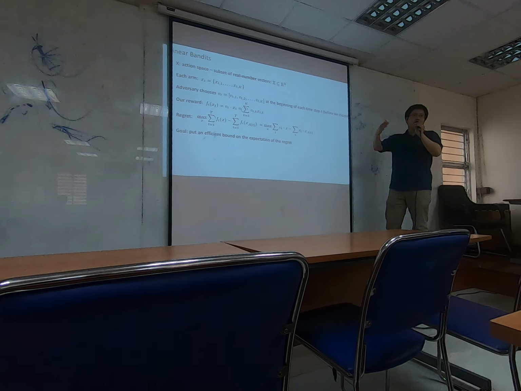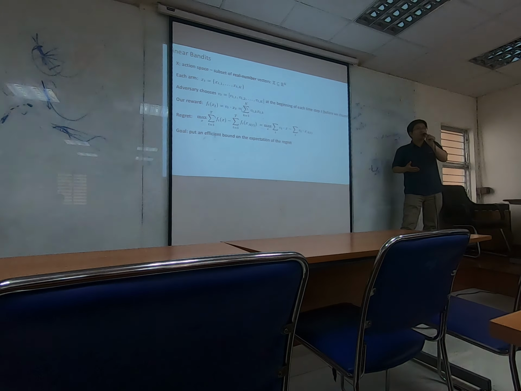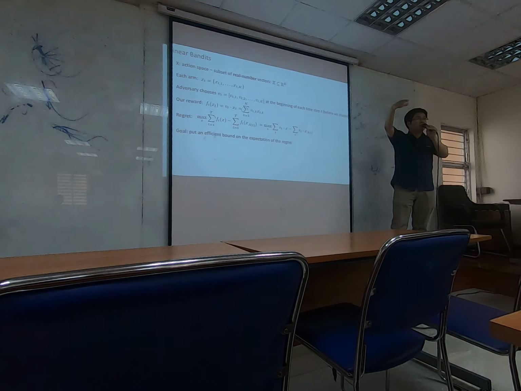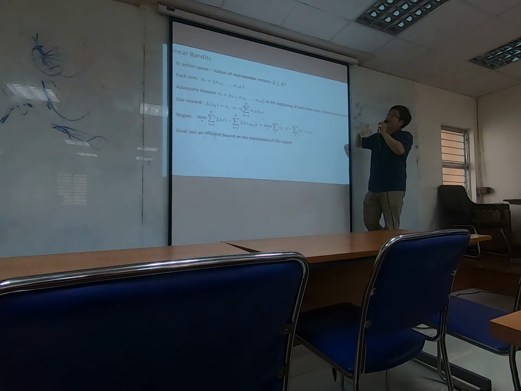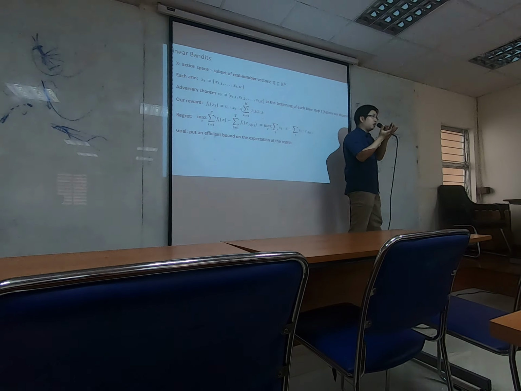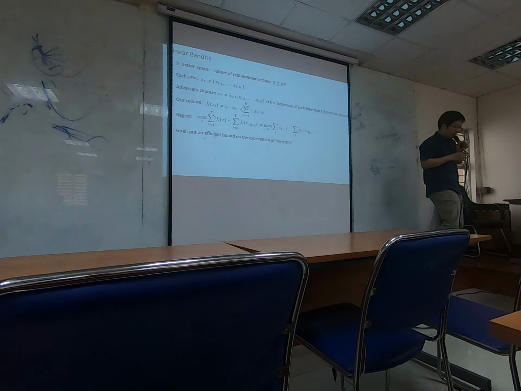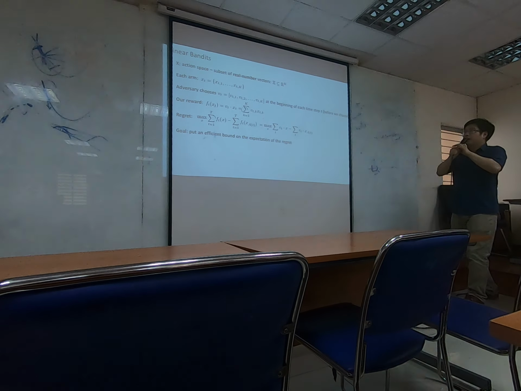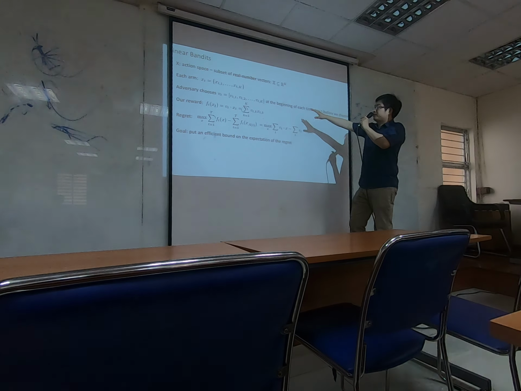So the next version of combinatorial bandits is linear bandits. In combinatorial, we can choose more than one point, but there's still no correlation between them. The correlation happens at the function stage, because it's a sum of the points we have chosen. Another version of this is linear bandits, where the correlation is within the arms. So we have some kind of matrix space here. Everything is still the same.